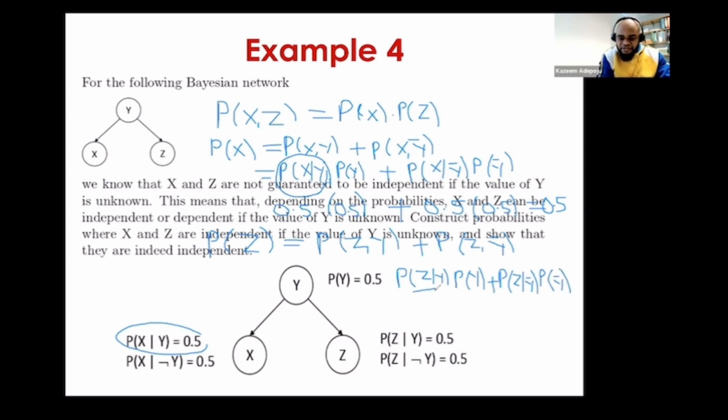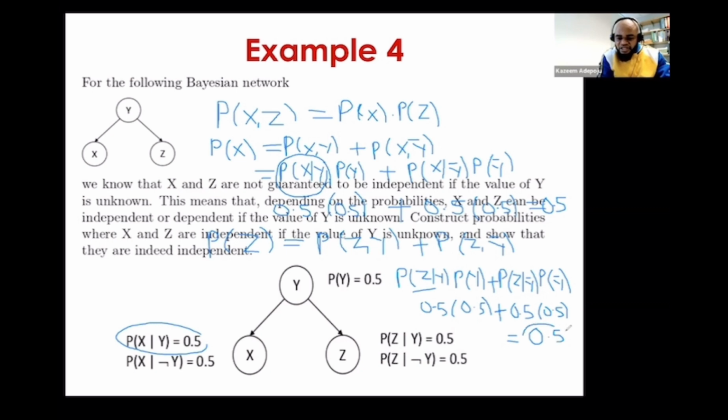So what is z given y? 0.5. The probability of y is given to be 0.5. The probability of z given y bar is also 0.5. And of course, the probability of y is 0.5, the complement of that is also 0.5. My final result here is 0.5.